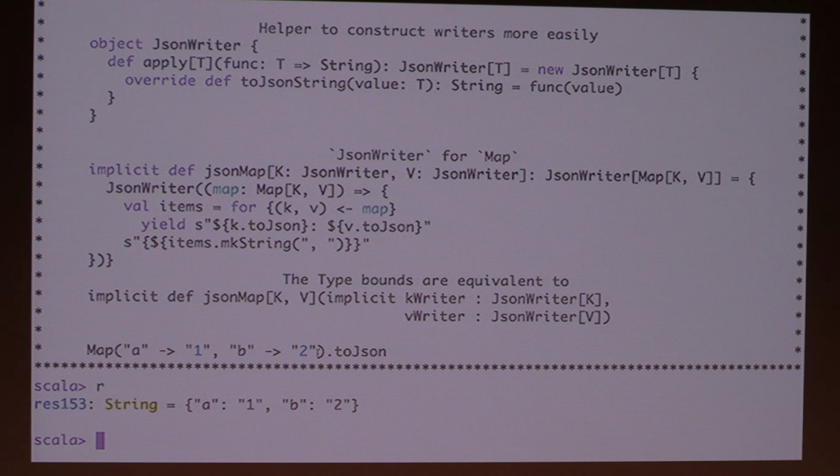And it will all look this up for you in implicit scope. So now what we see is that because we have JSON writer for string, we also have a JSON writer for big decimal. We can use these types to actually lift other types to JSON writers as well, given that their parameterized types also have valid JSON writers.